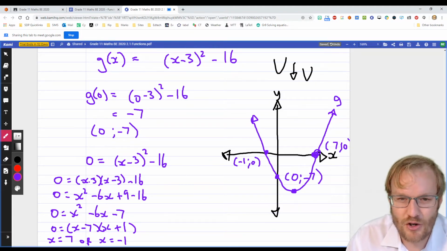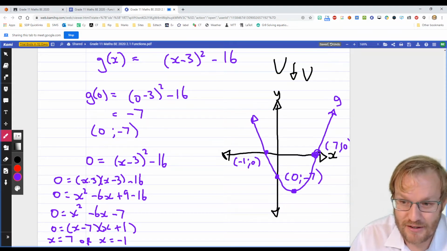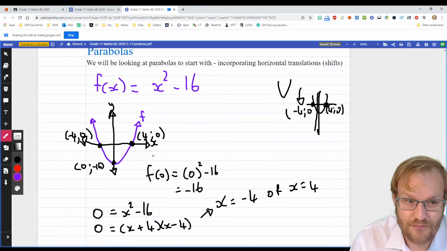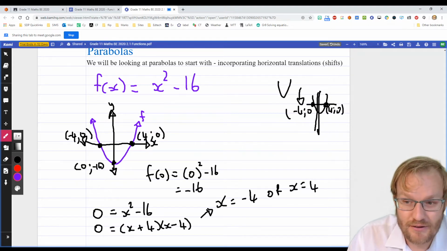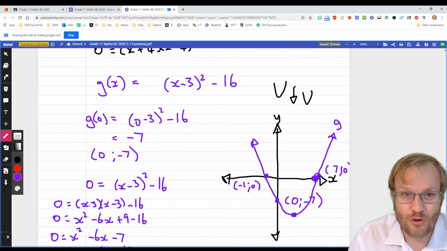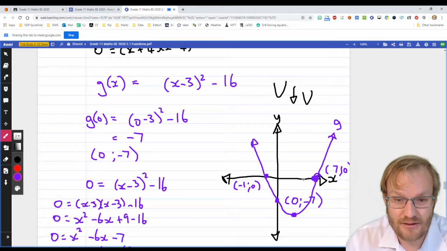Now let's just look at what this has done, this negative 3. Here's our original parabola. Its intercepts were at negative 4 and 4. This parabola is exactly the same shape, but all we've done is we've moved it right by 3.